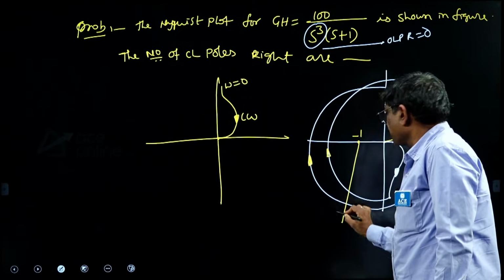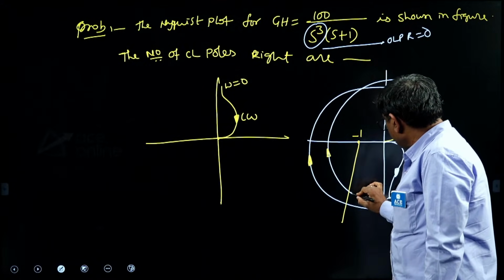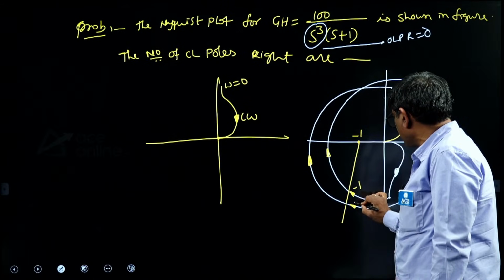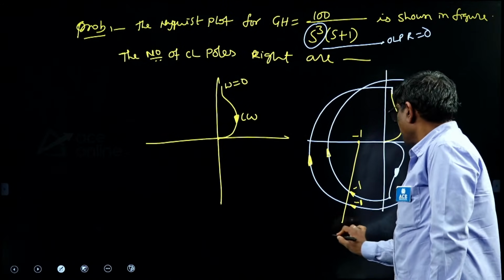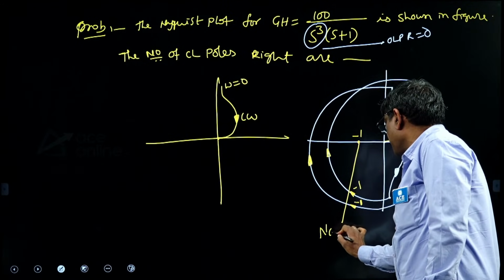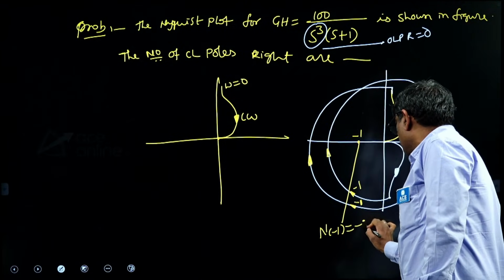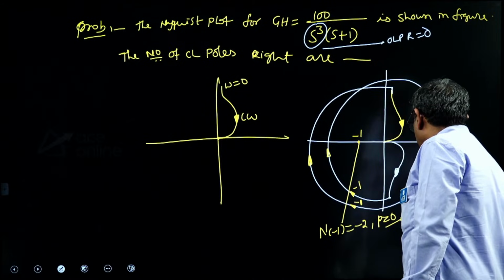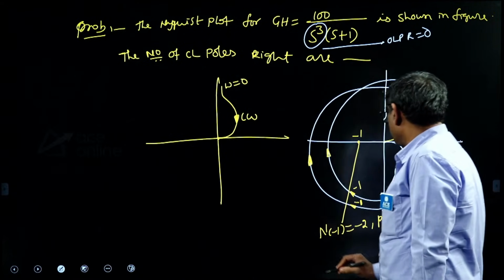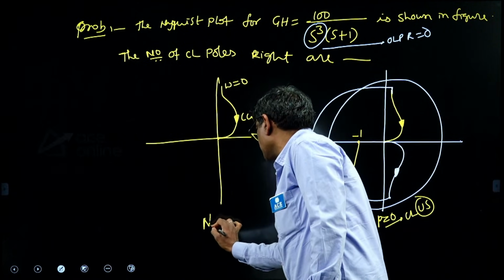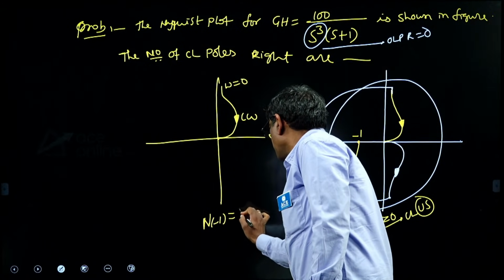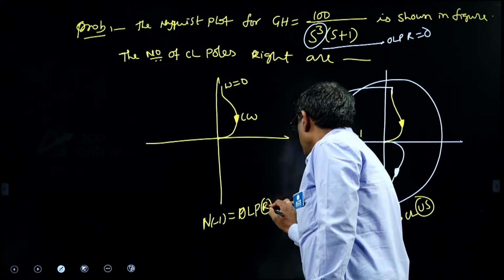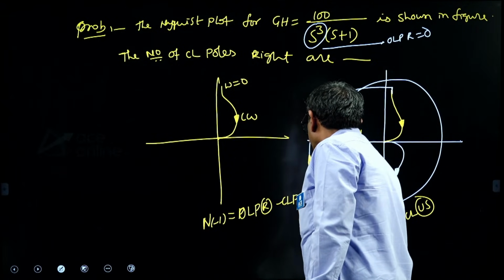Draw a line. Find the N value. What is this? Clockwise. Clockwise means -1. N about -1 equal to -2, but P is 0. So the closed loop system is unstable. Then again, N about -1 equals P, open loop poles right, minus closed loop poles right.